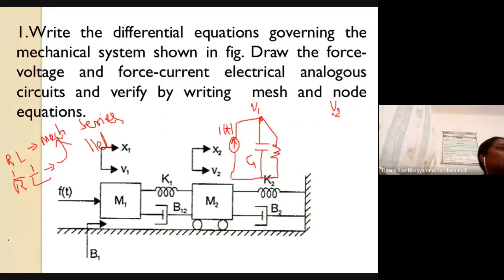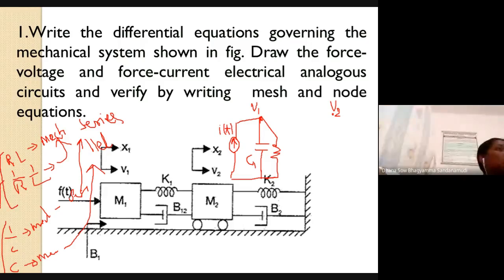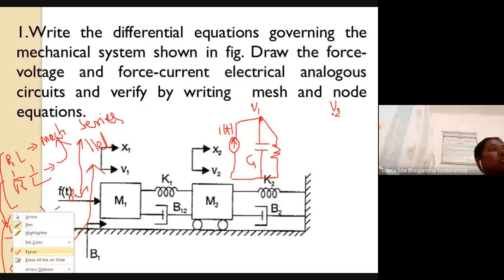Similarly, if 1/C is proportional to a mechanical term, then it should be connected in series. If C is proportional to the mechanical term, then it should be connected in parallel. So you must remember it like that, so that it will be easy for you to draw the circuit. Don't get confused.